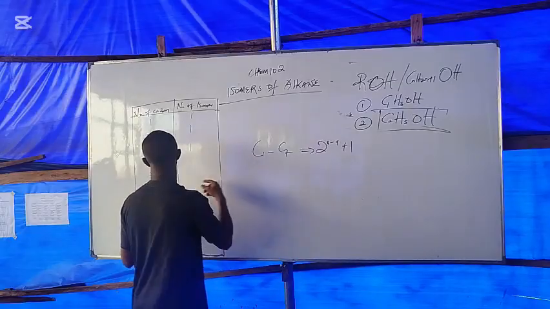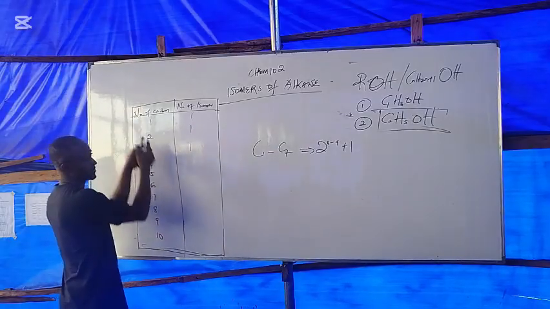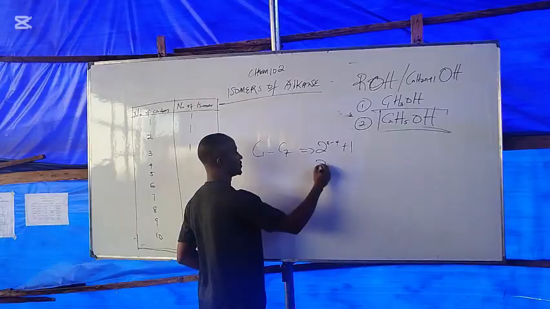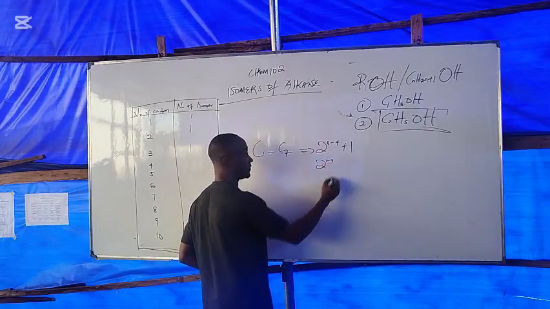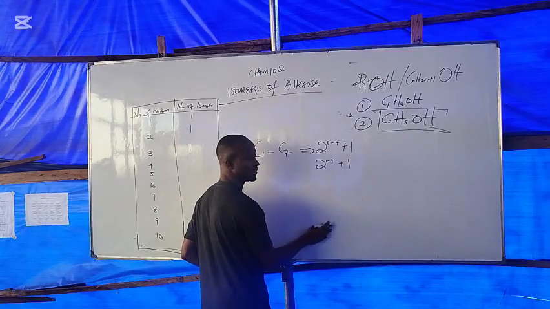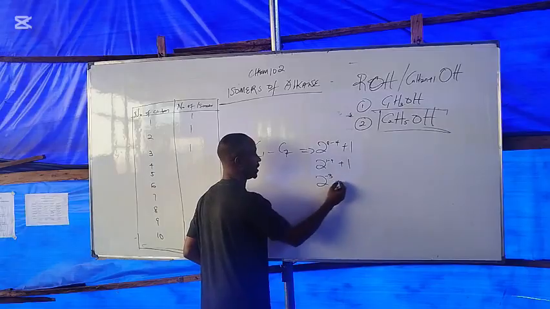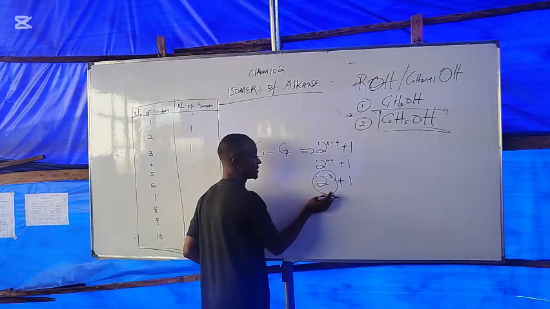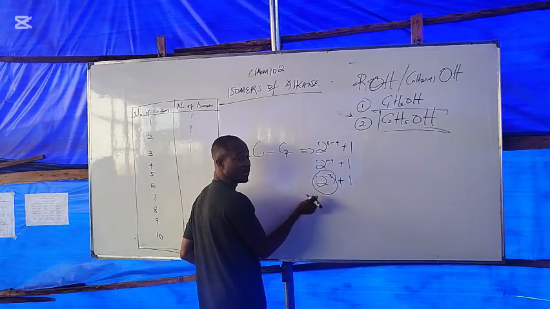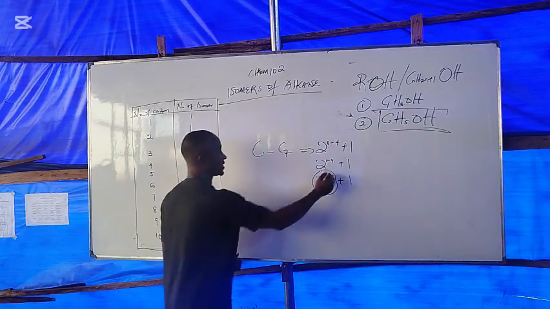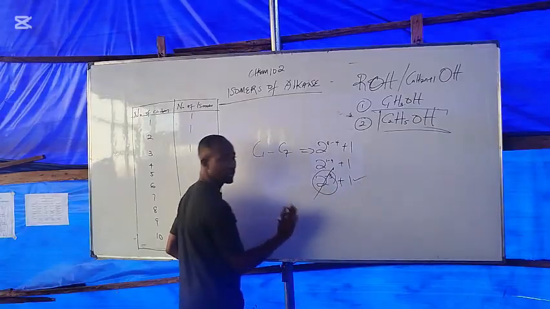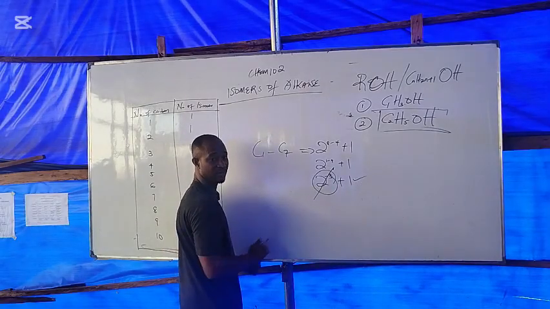If n equals 1, we have 2 raised to 1 minus 4 plus 1, which is 2 raised to minus 3. We don't represent a negative answer as the number of isomers, so I will just use 1. It's a trick.